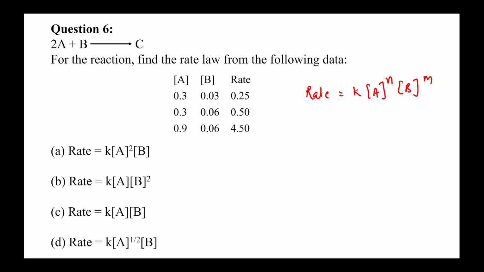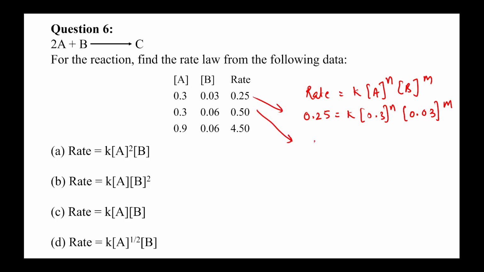So now here for the first equation we can write rate is 0.25, K multiplied by concentration of A is 0.3 raised to the power of N and 0.03 raised to the power of M. Okay, this is fine. This is the first equation.